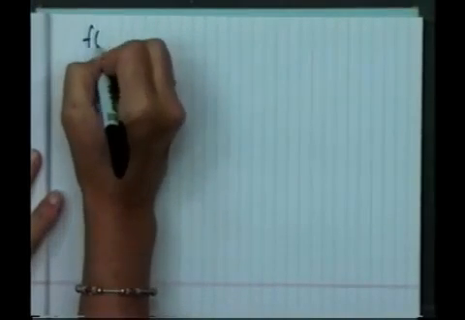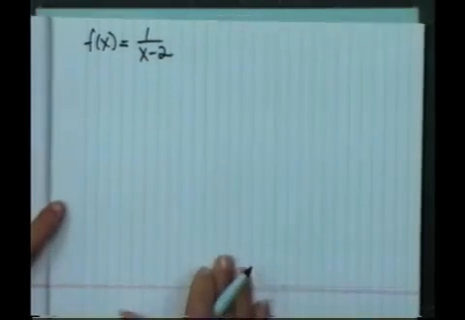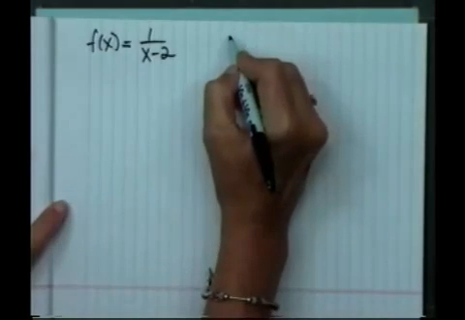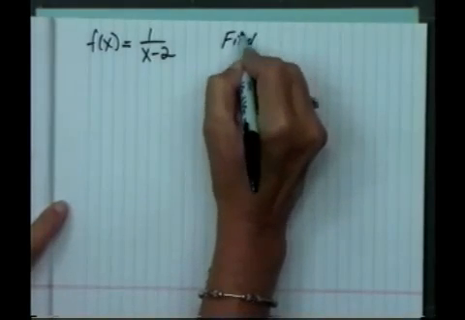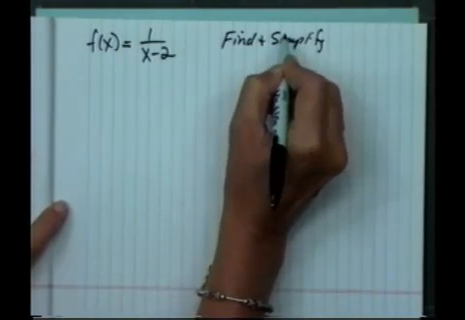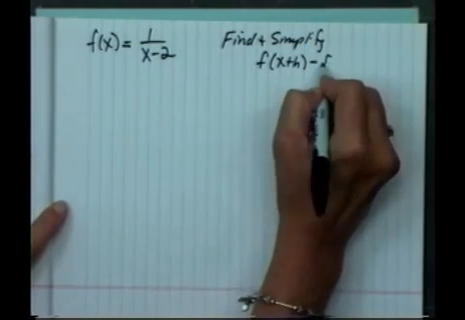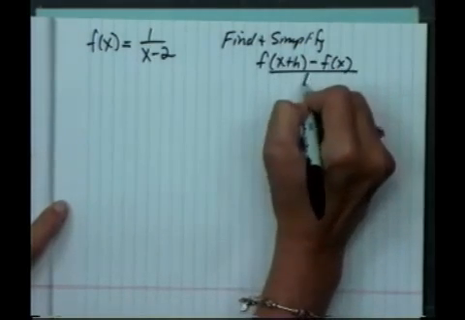Last example is f of x equals 1 over x minus 2. We want to find and simplify. The instructions would be find and simplify f of x plus h minus f of x, all over h.